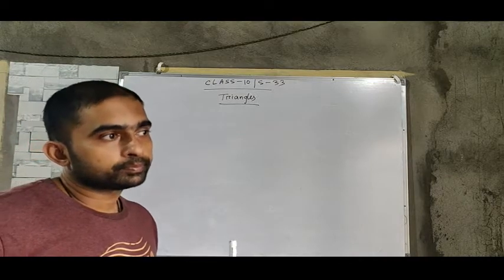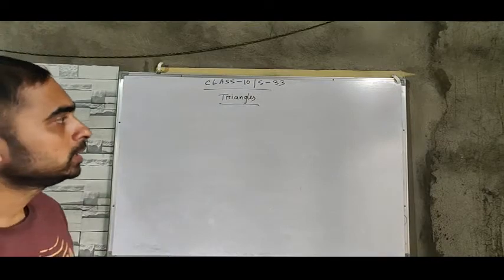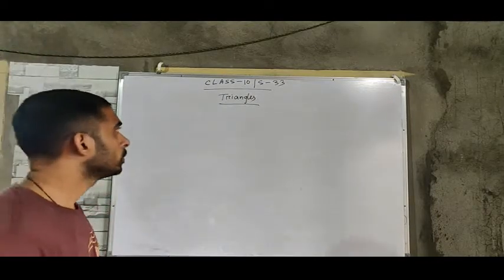The line which is parallel to one side of a triangle divides the other two sides of the triangle proportionally.